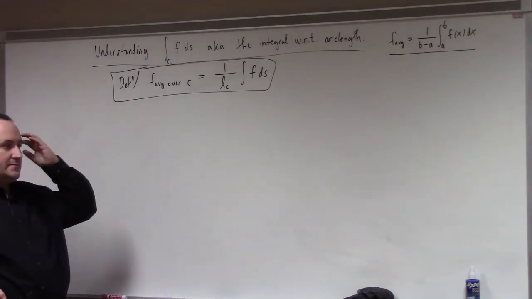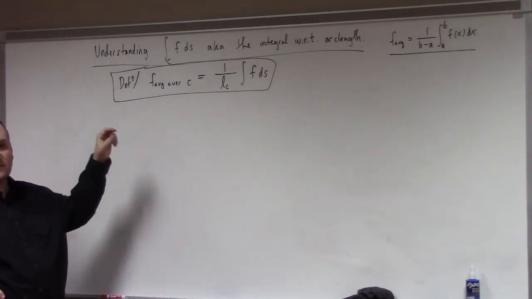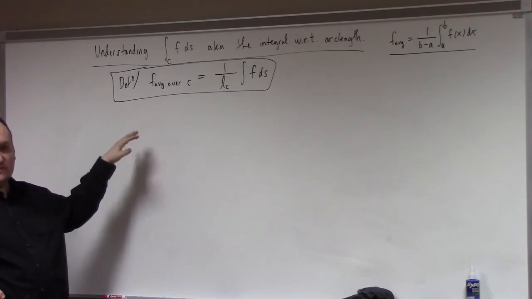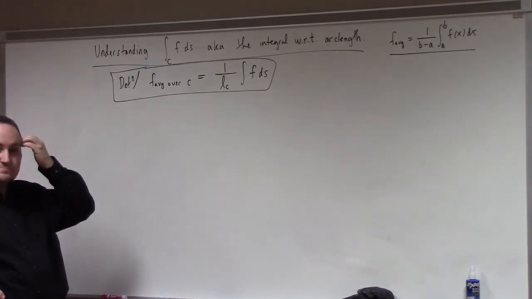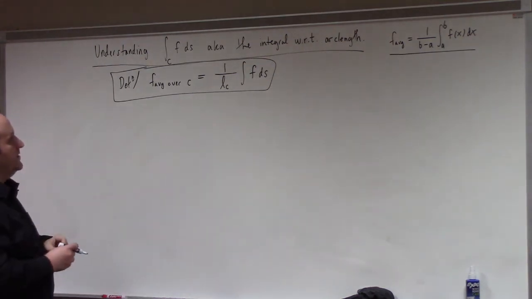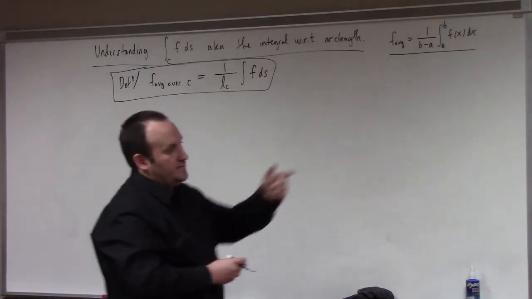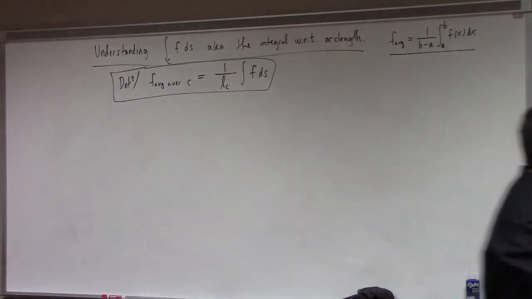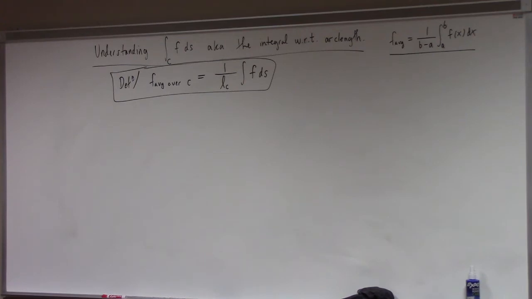This would give you the constant curtain over the curve that would have the same area as the curved variable height curtain. Anyway, for my example 3, what would the average be? Well, what's the length of this curve? Do we need to calculate an arc length integral to calculate the length? It's just what? Distance from where to where?